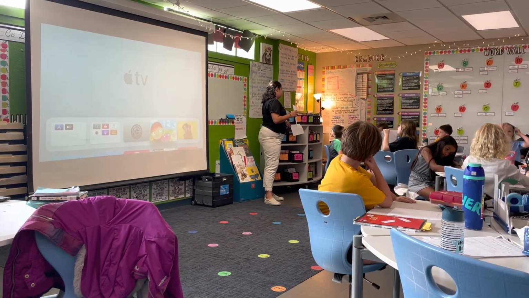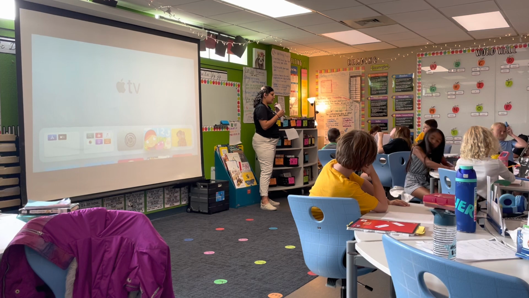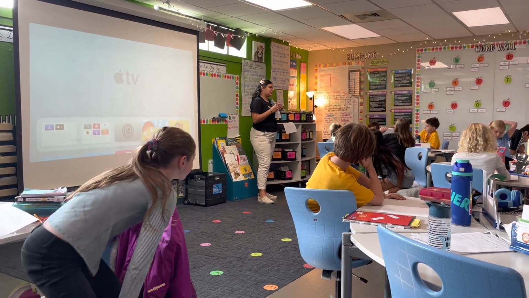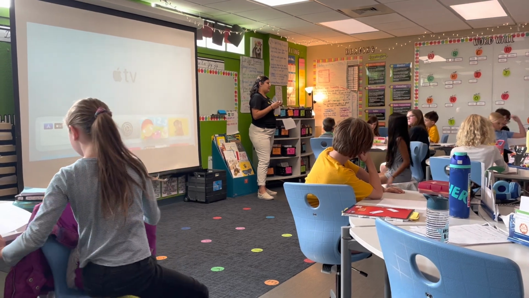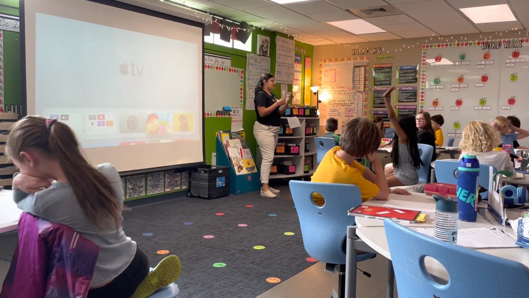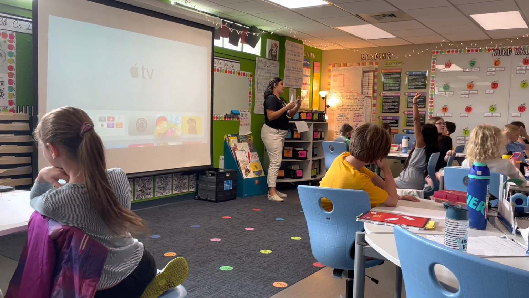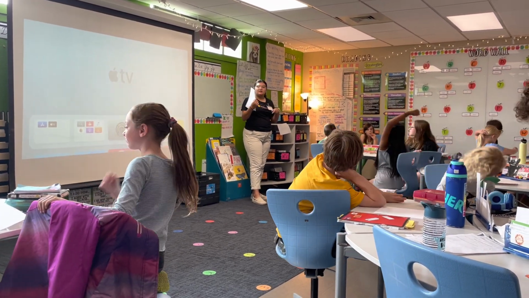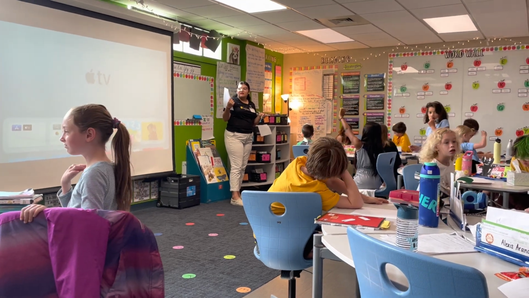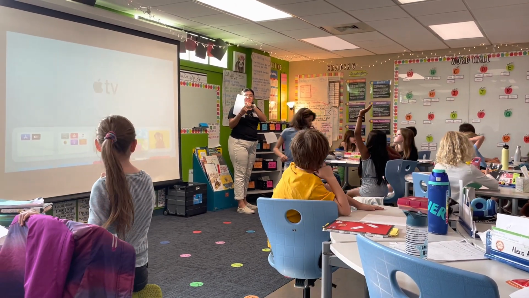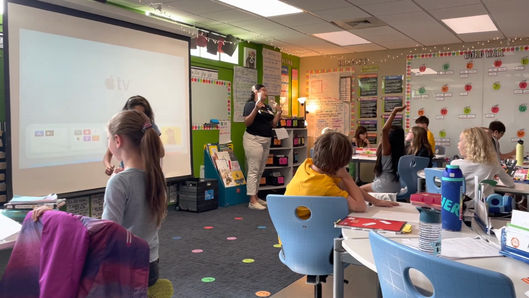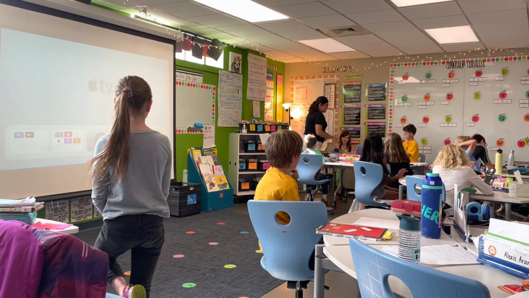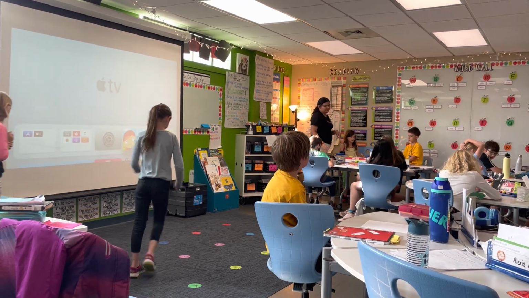Y'all are gonna read what it says and determine if it is or if it's not an argumentative text, and explain why. At the top it has sentence stems, like, yes, this is an argumentative text because, or no, it's not. That's where y'all are gonna include it. If you wanna look with me.